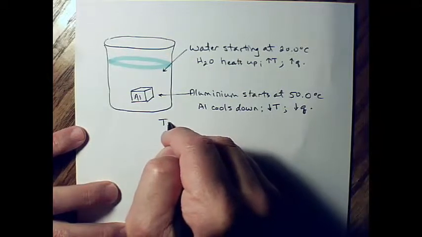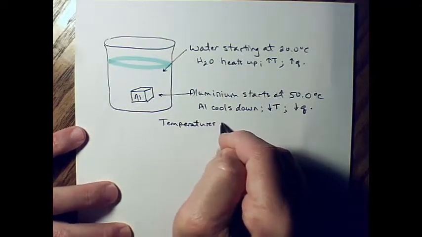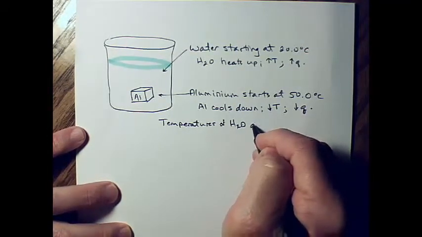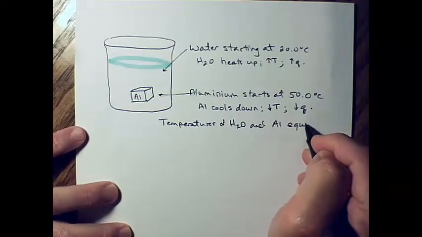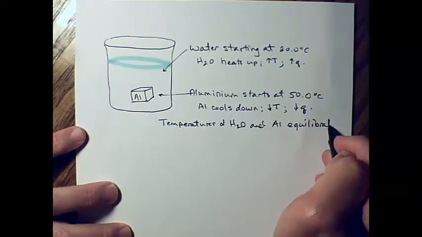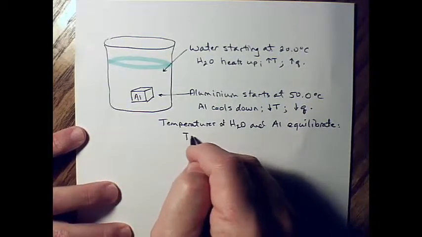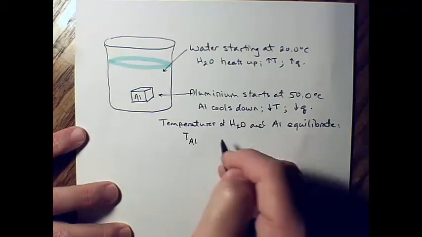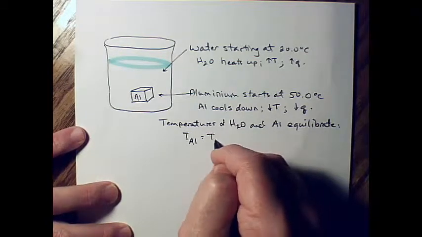So the temperatures of the water and the aluminum equilibrate at some point. By that I mean the temperature for the aluminum at that point of equilibration or equivalency is going to equal the temperature of the water.